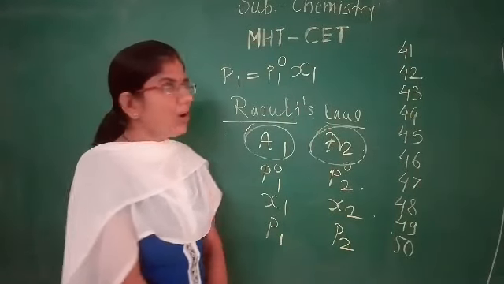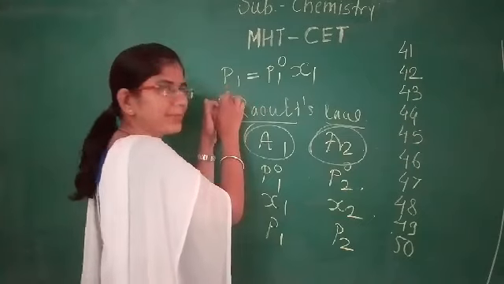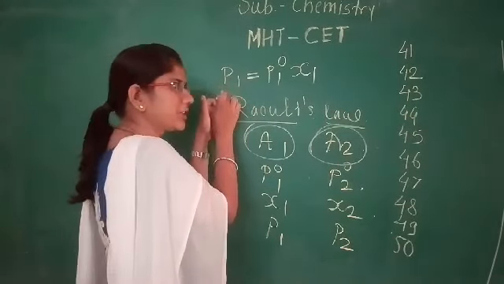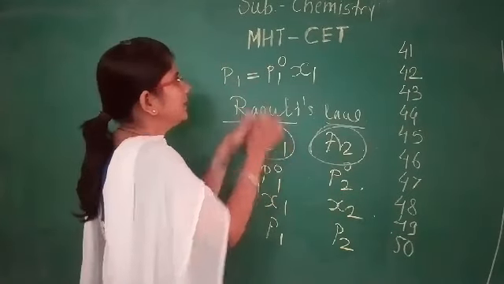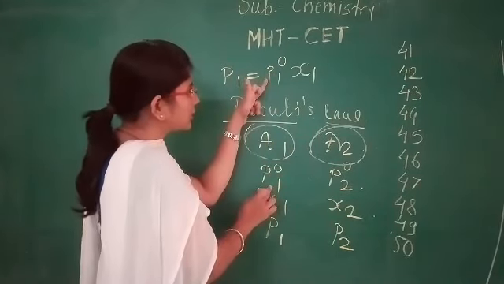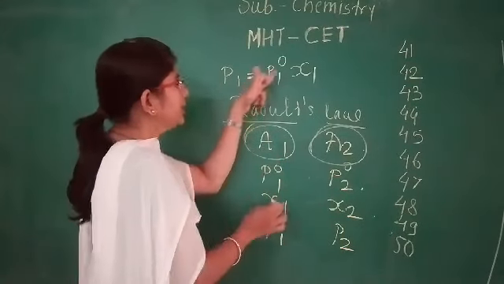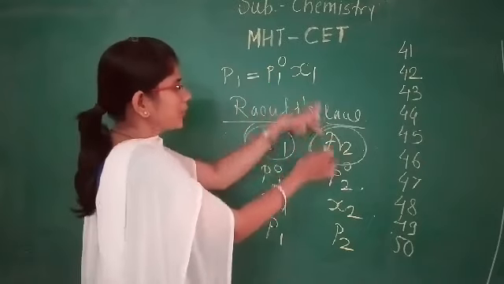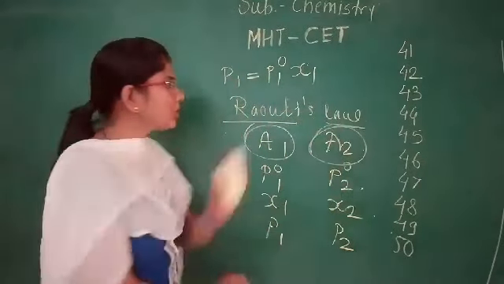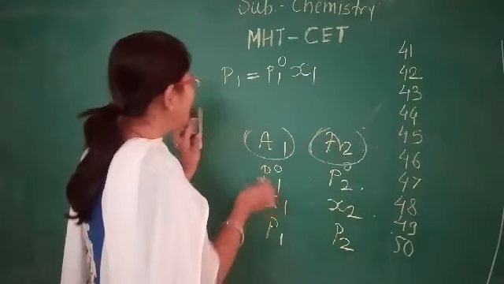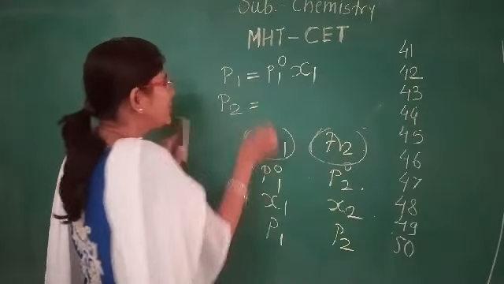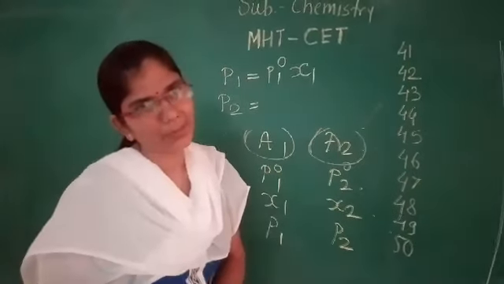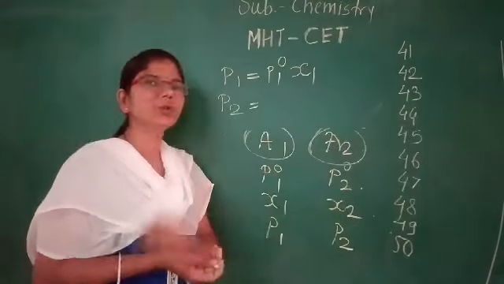Dear student, always remember the statement of Raoult's law. P1 is the partial pressure on component A1, which is equal to the vapor pressure of that component into the mole fraction of that component. For the second component we can also write Raoult's law, because Raoult's law is stated for volatile components, and in this solution both are volatile.